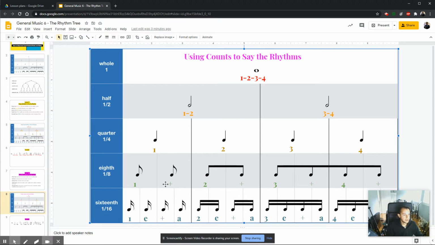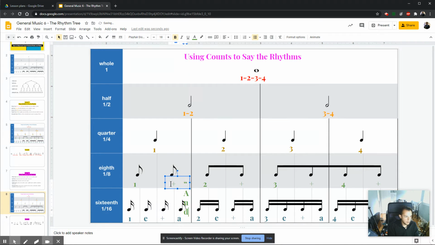The plus signifies and. I will actually write that in. The plus sounds like an and.